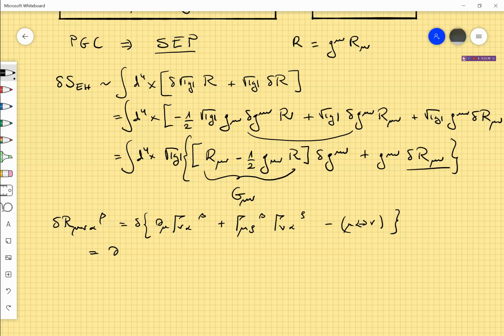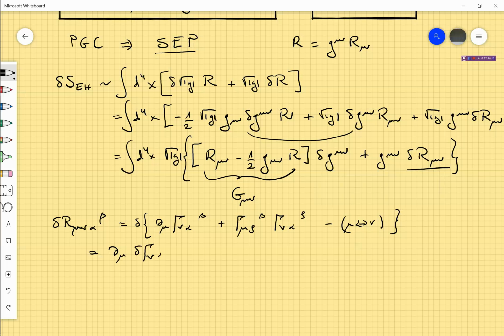Okay, if we had chosen to vary with respect to the metric instead of the inverse metric, here we would have g mu nu delta R mu nu, but this depends on the metric and on the connection. So it's just a bit more complicated. It's not so natural to do that.